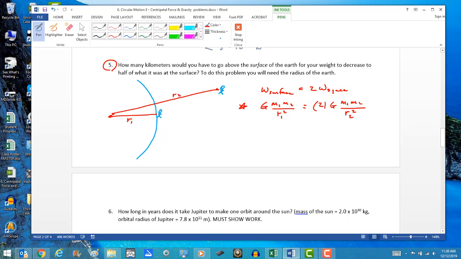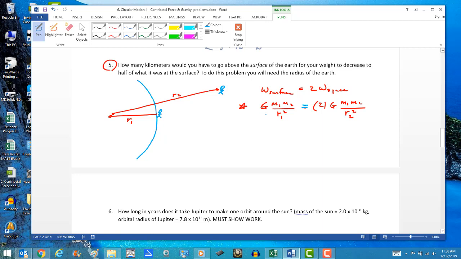Now next, look at what happens. A bunch of things really cancel out. Almost everything cancels out. Look at these two, the left side and the right side. Almost everything cancels out except for the radius. And the problem at that point gets very easy.